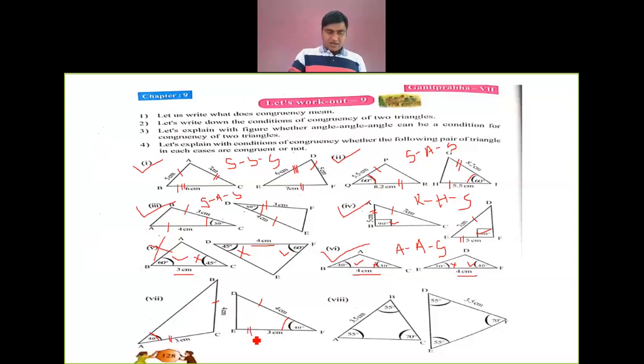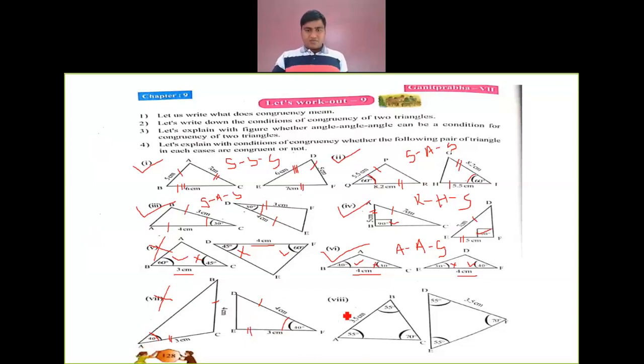But we can see that this angle is not the included angle, but this angle is the included angle. As this angle is not included, triangle ABC and triangle DEF are not congruent to each other. The angle must be the included angle. So in this congruency, it is not satisfied. Therefore triangle ABC and triangle DEF are not congruent to each other.